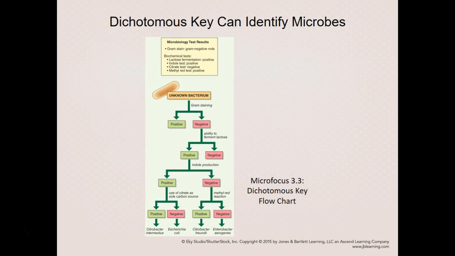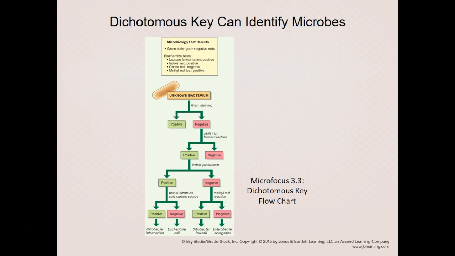And one very helpful mechanism to identify organisms, microorganisms, specifically bacteria, is a dichotomous key. So a dichotomous key is a key that has two answers to any given question, and it helps us to follow test results.